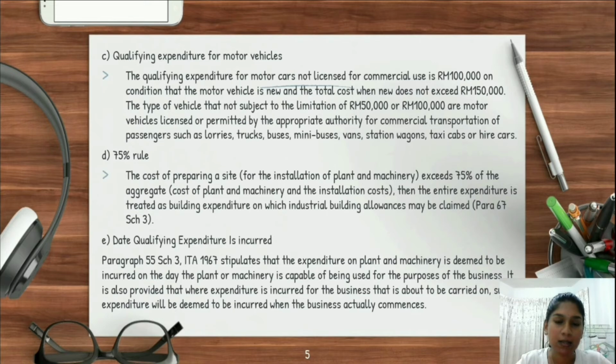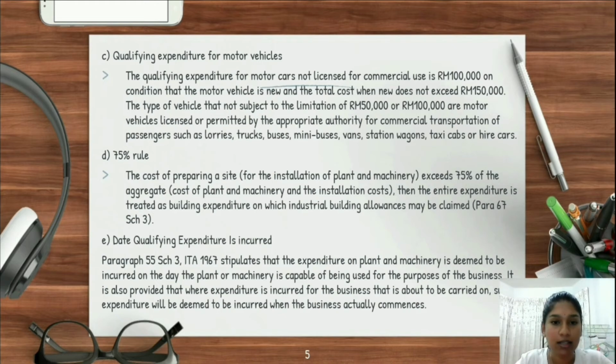C. Qualifying expenditure for motor vehicles. The qualifying expenditure for motor cars not licensed for commercial use is RM 100,000 on condition that the motor vehicle is new and the total cost when new does not exceed RM 150,000.